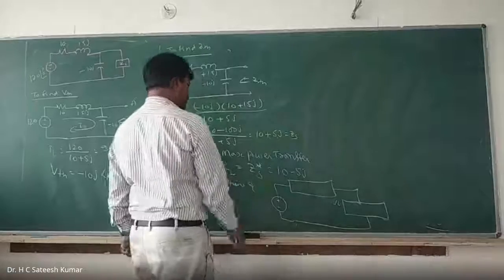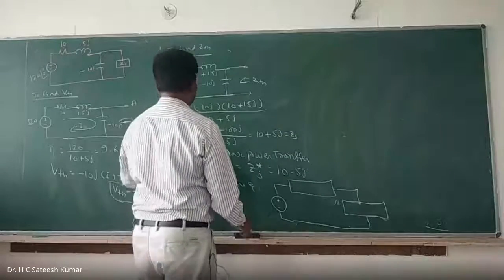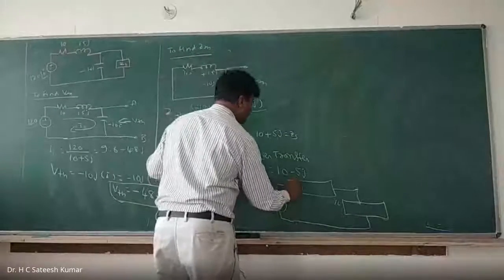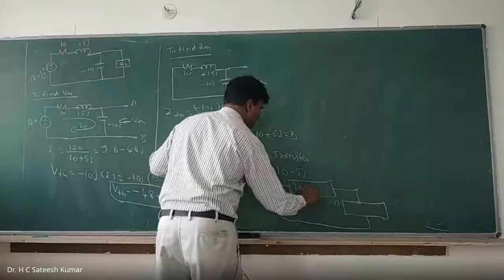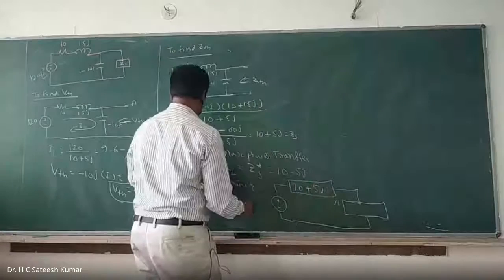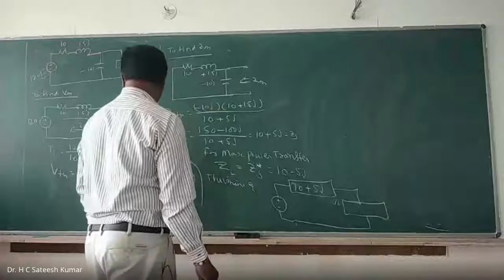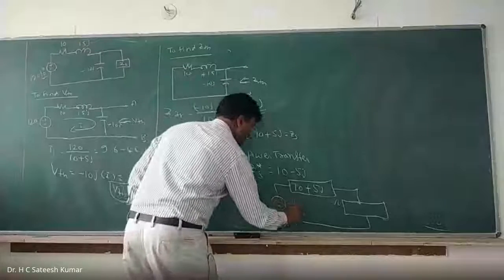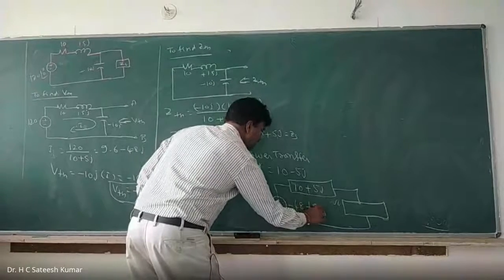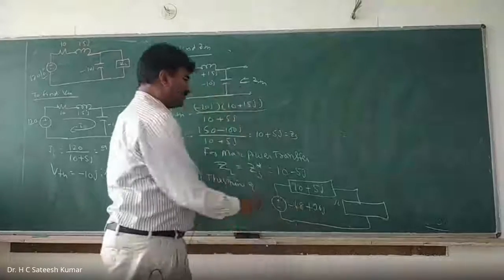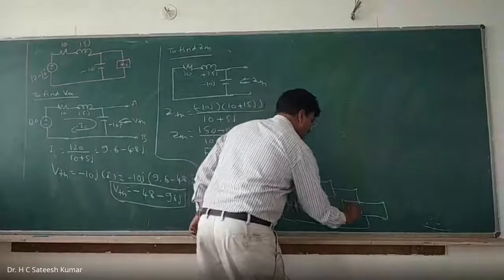ZS is Thevenin, 10 plus 5J. VTH is minus 48 plus 96J. And the load is 10 minus 5J.